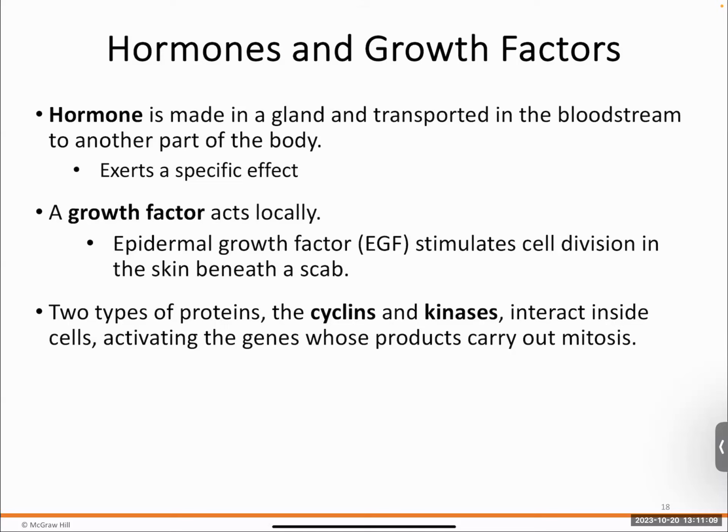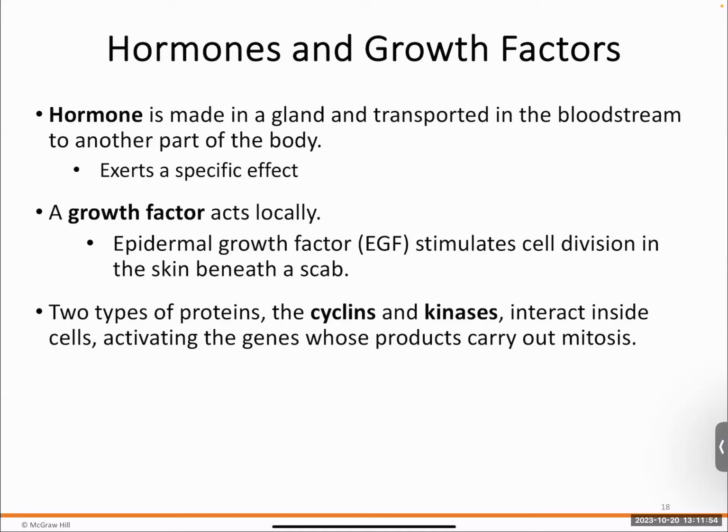When these hormones are produced by the corresponding gland and get released directly into our bloodstream, they can have a very specific effect on a very specific part of the body. Growth factors have the same capacity, however, they act more locally versus throughout the body like hormones do. For instance, a growth factor considered epidermal growth factor or EGF is extremely important for your ability to develop new skin underneath the scalp for the purpose of repairing, sorry.